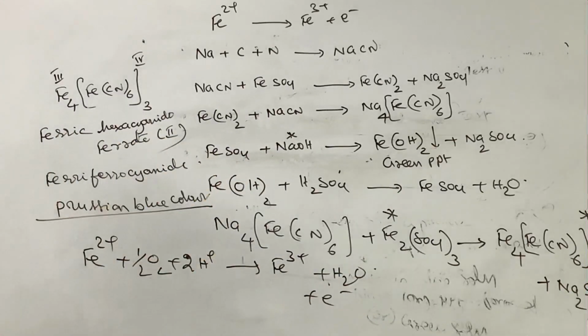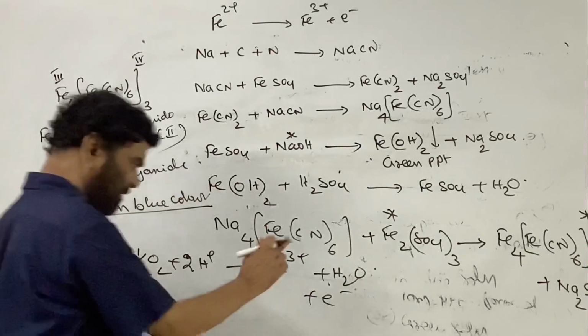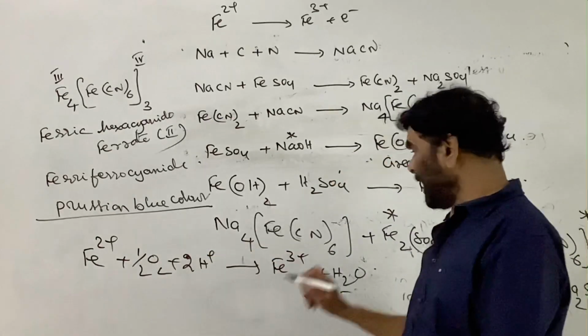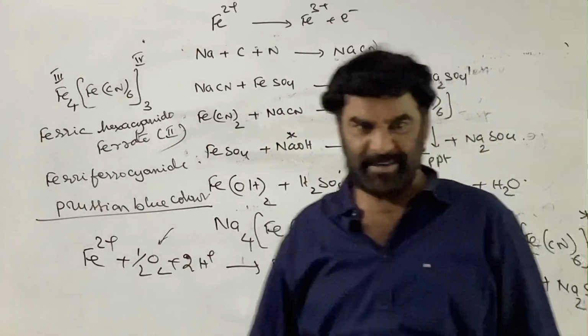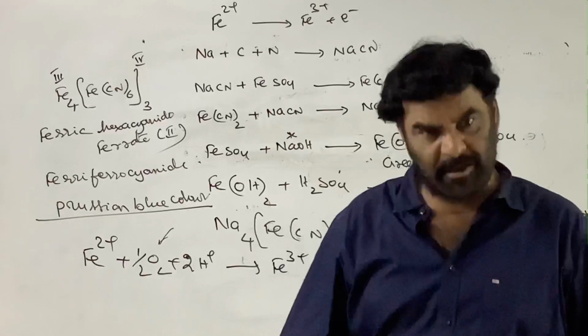It's an unbalanced equation. The ferrous ion is oxidized to the ferric ion. What is this oxygen? Aerial oxygen. Where is the aerial oxygen? It is in solution; the water contains dissolved oxygen.